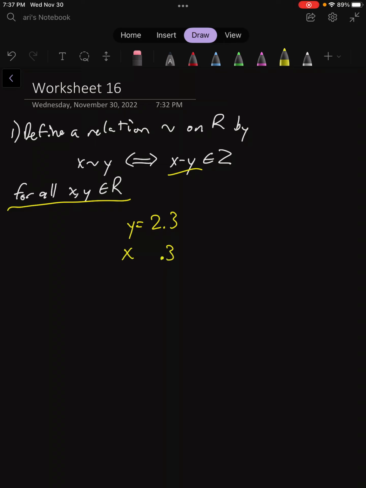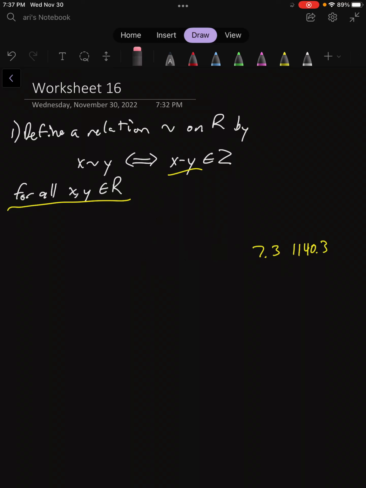It could be x equals z.3, which could be 5.3 or 7.3 or 1140.3, because then if you subtract 2.3, you're going to get an integer, because the 0.3s will cancel out. So that's just my initial thought when I look at this before even seeing what the questions ask me.